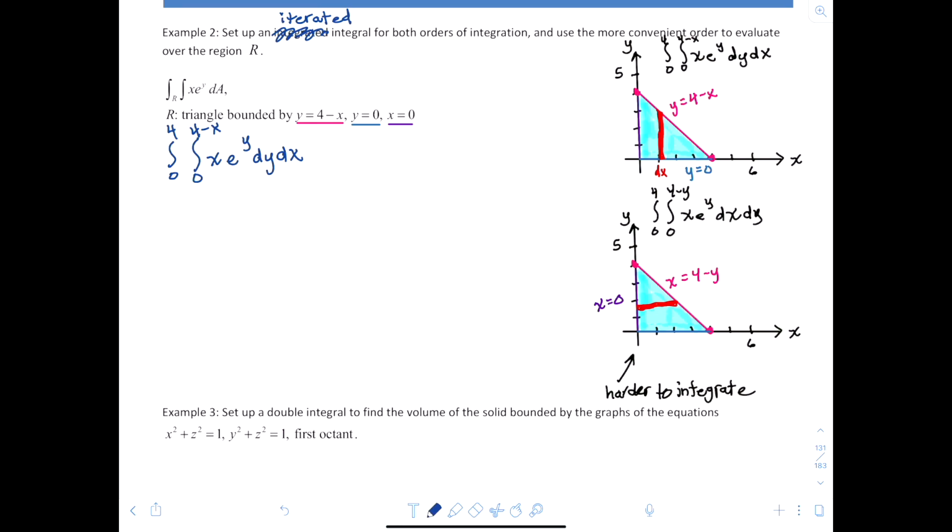So this will be equal to the integral from 0 to 4, and then keeping the x constant, we would get x e to the y, right? Because the integral of e to the y with respect to y is just e to the y. And that's going to be evaluated from y is 0 to y is 4 minus x, and we still have our dx hanging out. Cool, cool? I'll just go ahead and do this.